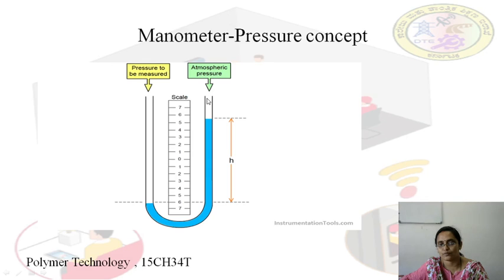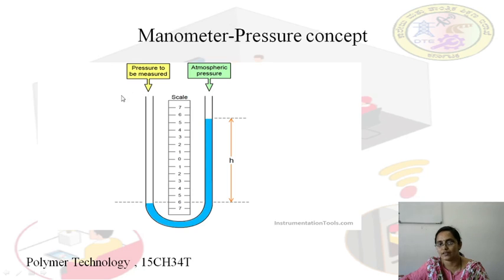Two ends are open. One end is connected to the place where pressure is to be measured, such as any pipe whose pressure is to be measured, this yellow part. The second end is open to the atmosphere. So we have a glass tube of small diameter containing a manometric fluid.